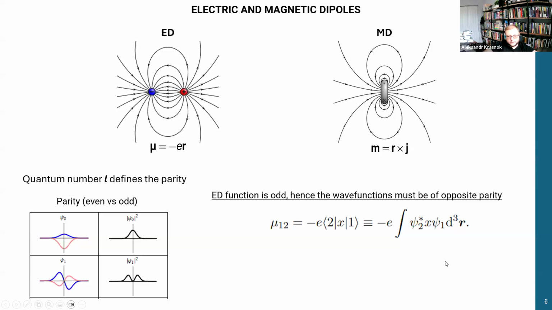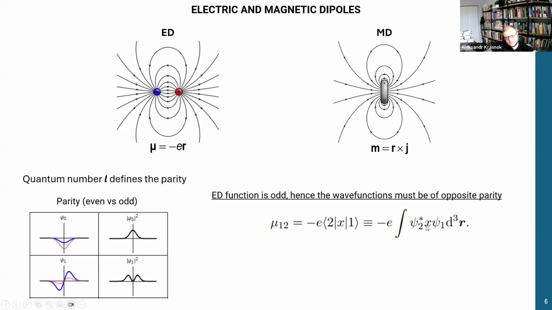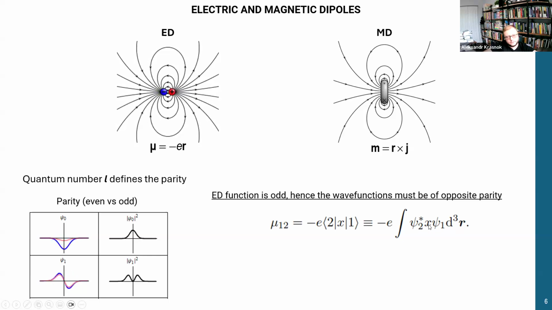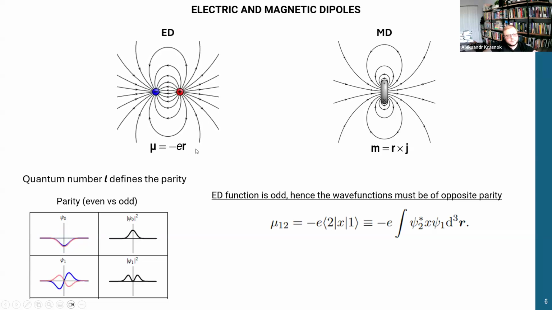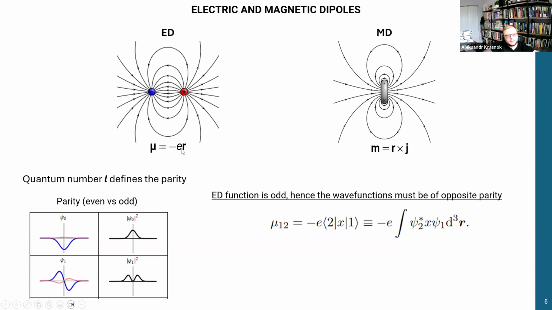So for example, let us consider this integral here, and suppose that psi2 and psi1 have the same parity. And by the way, this integral represents the dipole moment in quantum mechanics. You see this minus E and then the matrix element of R. So this integral is nothing but the mean value of R.